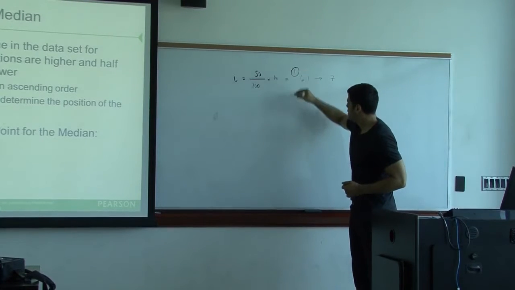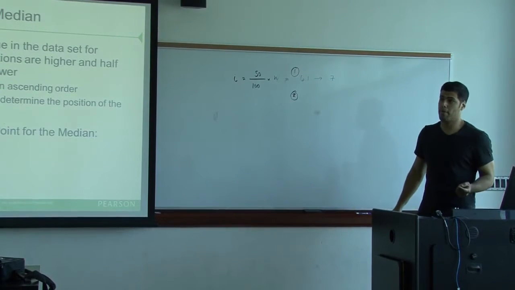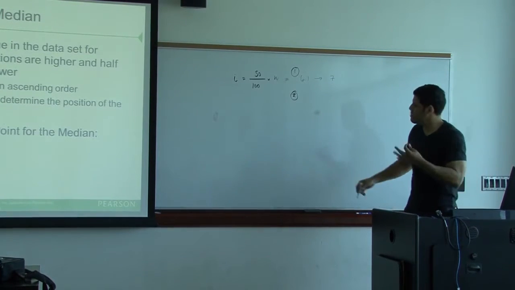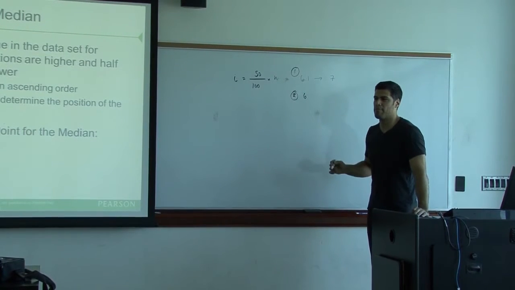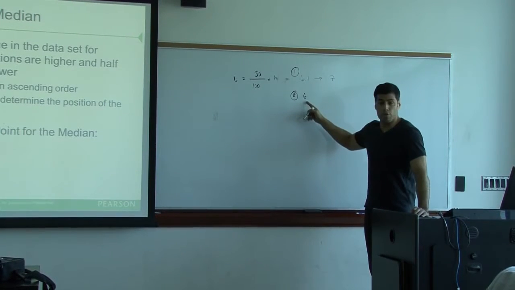Case number 2 is a case in which you actually get a whole number, which probably won't happen that often. Okay, well, it may happen. Let's say you get 6. What do you do now? Do you round up? Can you even round up? No, right? Do you just look for the 6th data value? Nope. I know it would be so simple and nice, right?